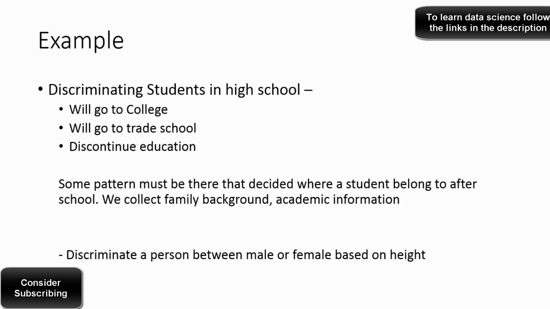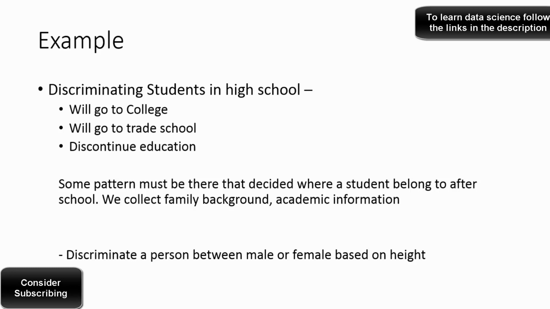To give an example, let's say we want to classify students into three categories. Our students are in the high school, and we want to know whether a student will go to college after the high school, or will go to a trade school, or discontinue the education after high school. There are three categories. There must be some pattern, right?